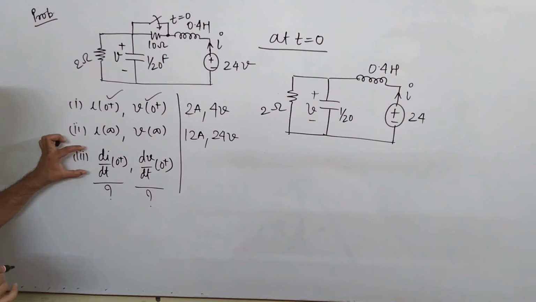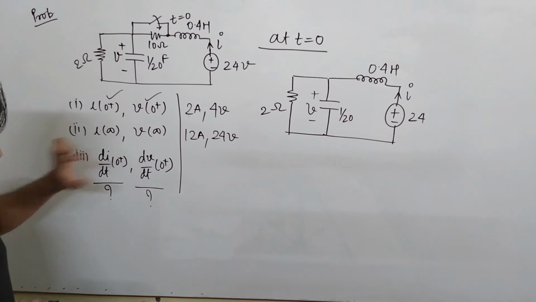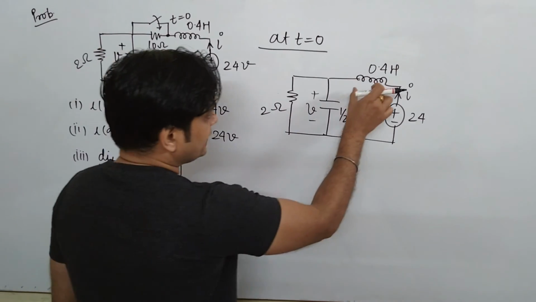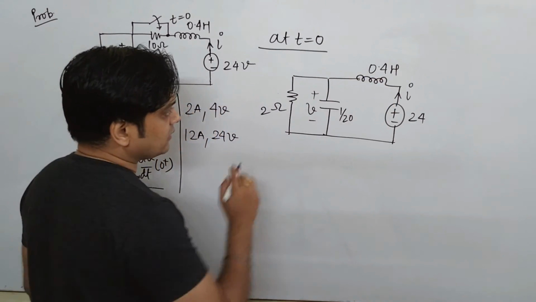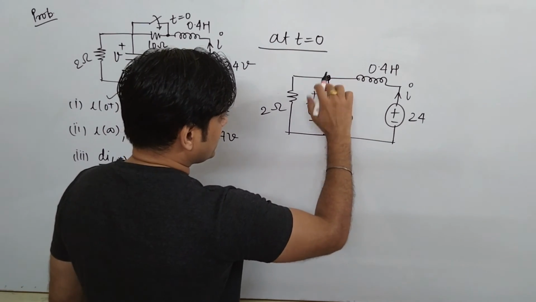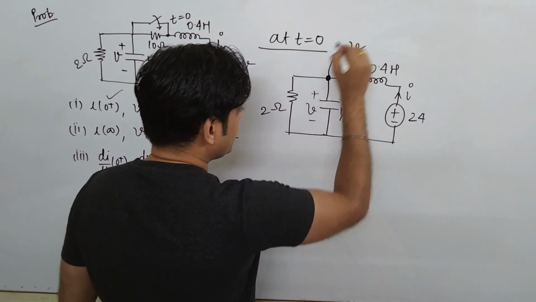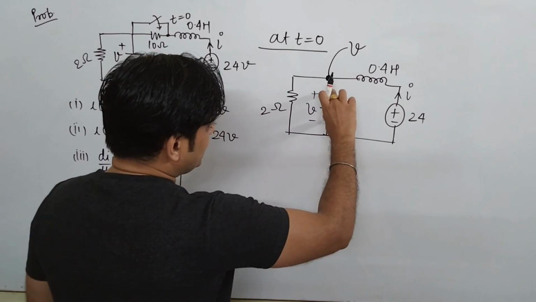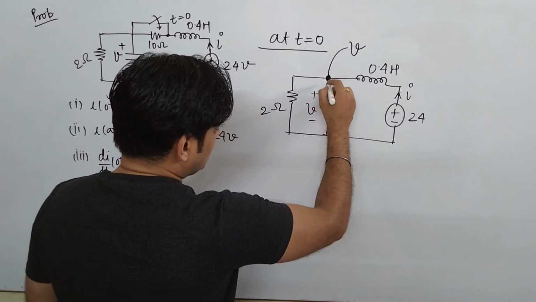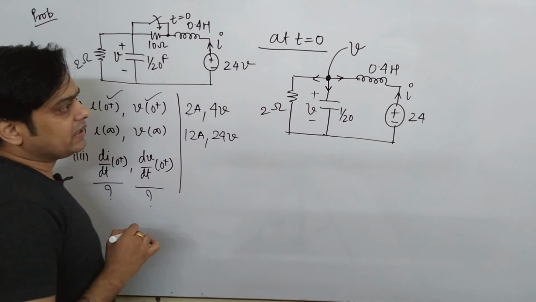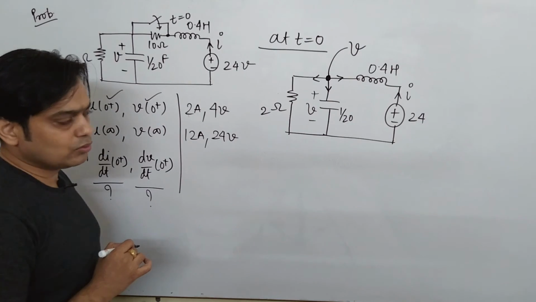Now for finding out di by dt and dv by dt, that means if I talk about this inductor and this capacitor, can you say that this is the voltage appearing across here, this voltage is appearing at this node and this is V. Okay, so can you say that the current here is in this fashion if I apply nodal analysis at this node?